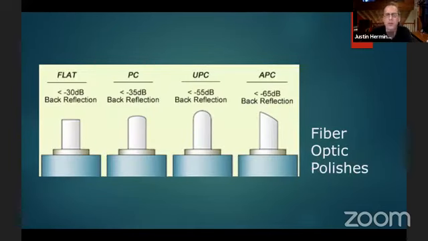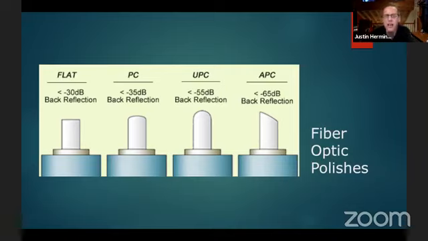Next thing to talk about when we're talking about fiber is how they're mounted, because the way the ends of those fibers connect to each other affects how well they transmit. Where they interface, you'll get some light reflected back and some that goes forward. So there are a number of polishes. Flat, we really don't see anymore.